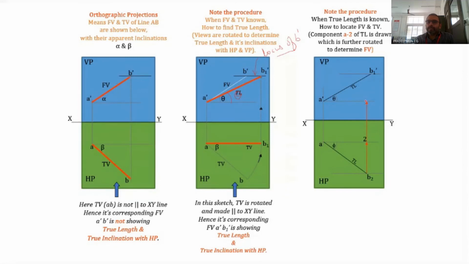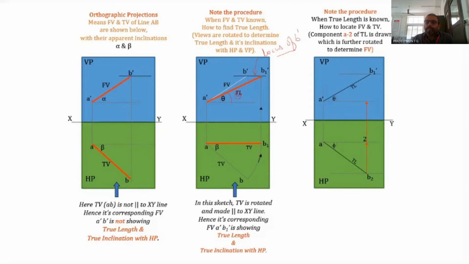This point is obtained by drawing a line passing through A dash, which can be considered as the locus of A dash also. B2 is projected to that particular line. Why this line? Because here we get the true length as well as the true inclination with the VP. In that case, in the front view, the line should be parallel to the XY line.